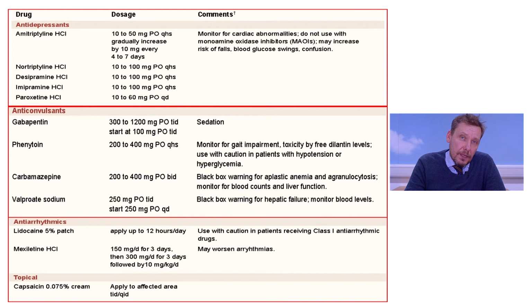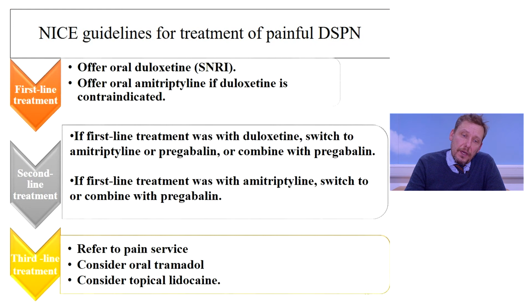Tricyclic antidepressants being the classic example, going through to SSRIs, anticonvulsants, drugs which have a history in treating cardiac arrhythmias, right through to opioid-based analgesics. So illustrated here are some recognized drugs which are used throughout the world in neuropathy and their drug doses.